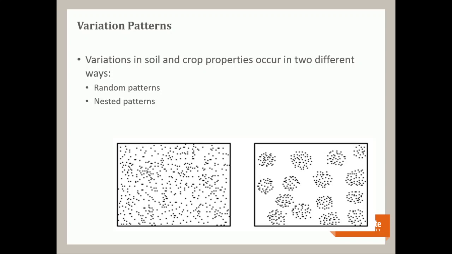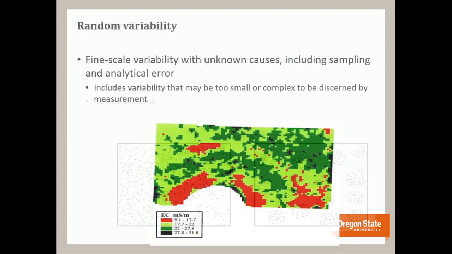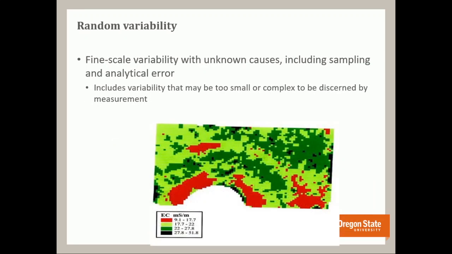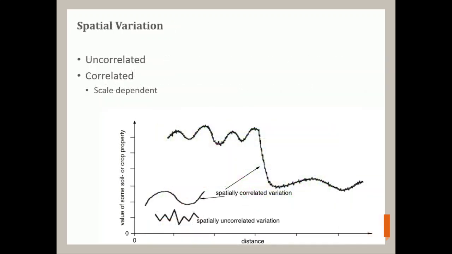The variation also has a pattern. It can be a random pattern or a nested pattern. The left side describes the random pattern and the right side image describes the nested pattern of the sample or the variation in the field. Random variability is fine scale variability with unknown causes, including sampling and analytical error, and variability that may be too small or complex to be discounted by the measurement.